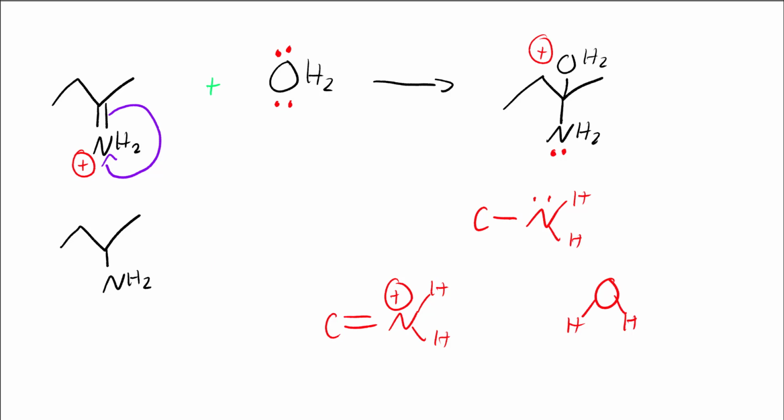And we became a little bit negative, so we're just going to have our electrons right there. But then again, since we took some electrons out of carbon, this one becomes partial positive. How do we take care of that? Well, to take care of that, I'm going to go from my electrons to carbon.